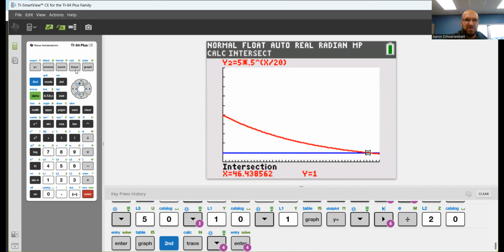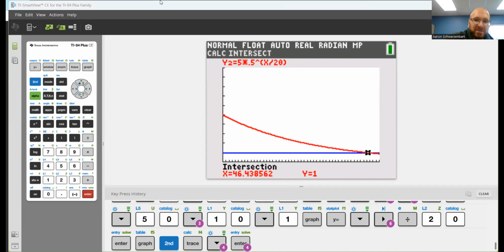That is the number of days. So that's when it will cross and be below 1 gram after that. So during the 46th day or before the 47th day, they converted it to hours in the book, 46 days, 11 hours.